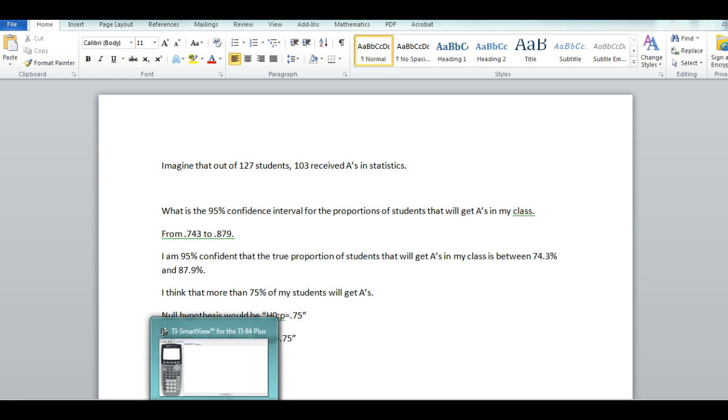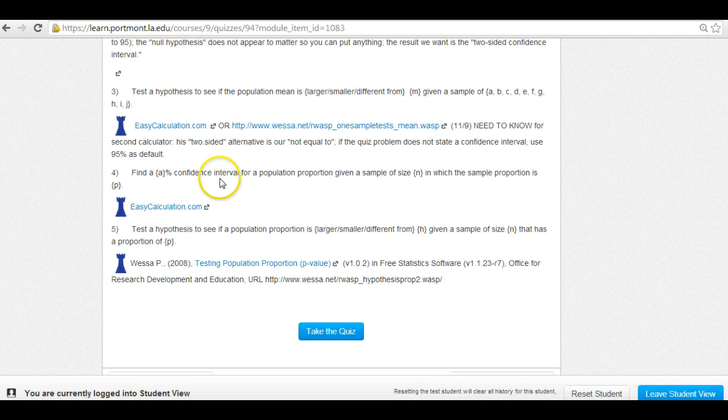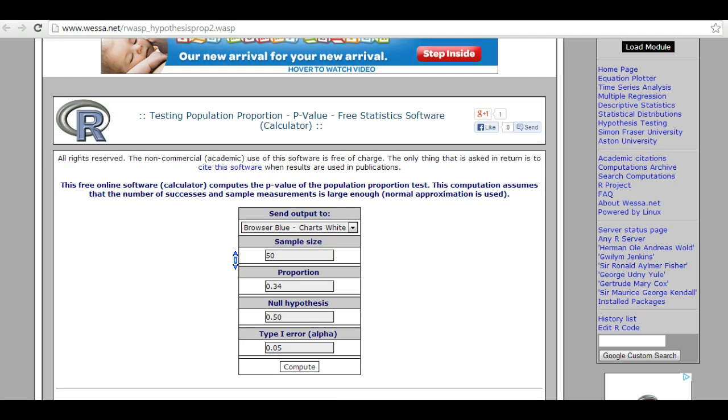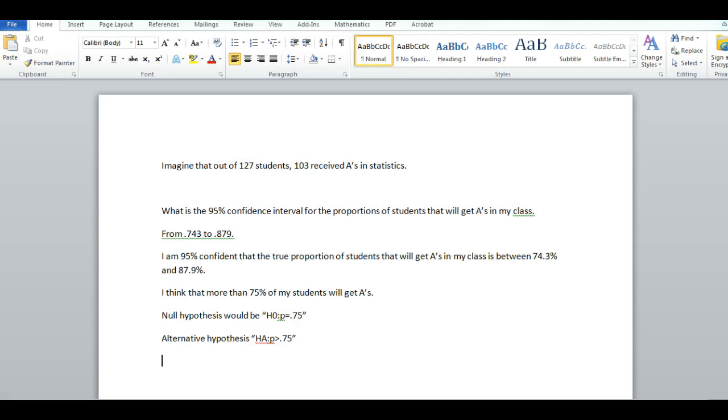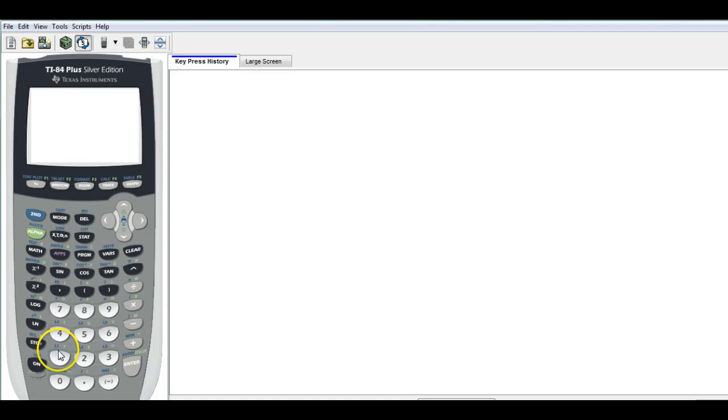So again, go to the main page, calculation quiz 3, and here's the testing of a population proportion. In this case, the sample still didn't change, right? Still 127 with 103. So sample size 127. This time for the proportion, we need the actual proportion. So I need to do 103 divided by 127.